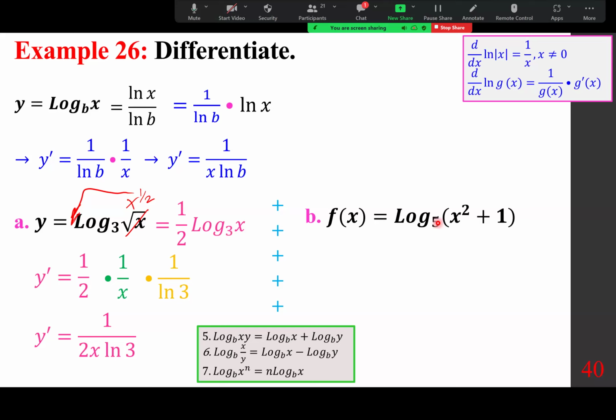f of x is log base 5 of x squared plus 1. So basically, if the base is not e, we follow this format. And then if it happened to be a function, we follow the chain rule. So you want to take the derivative of log of f of x base b.